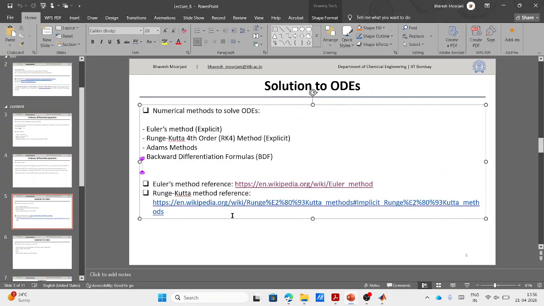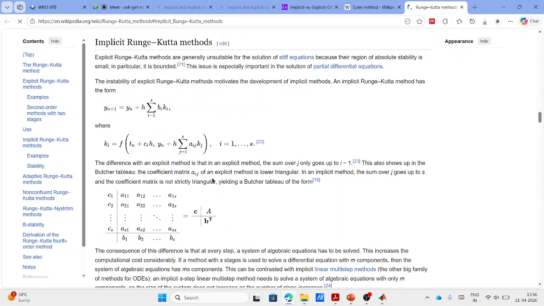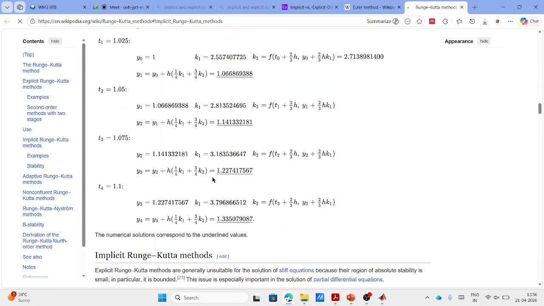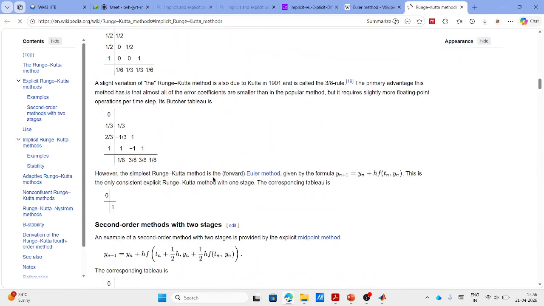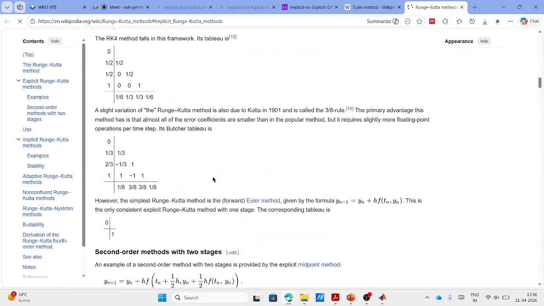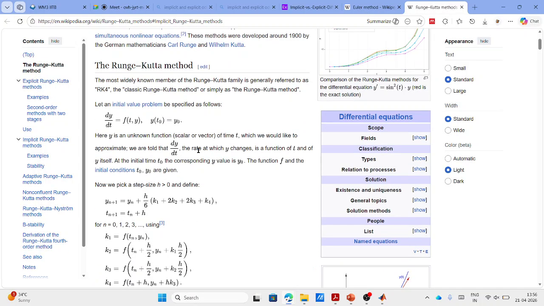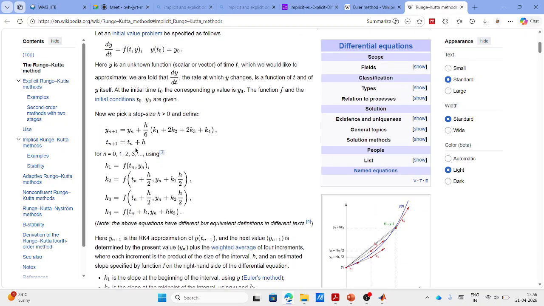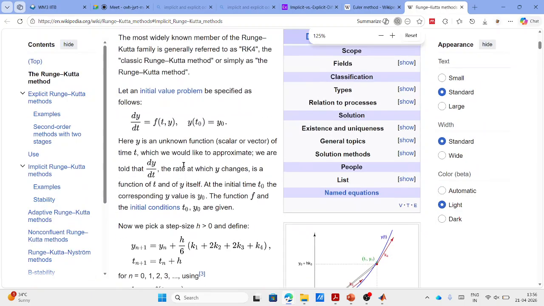Same way, you have the Runge-Kutta method, RK method, to find the solution. In the RK method you move ahead with this equation, which you must have seen in your curriculum.